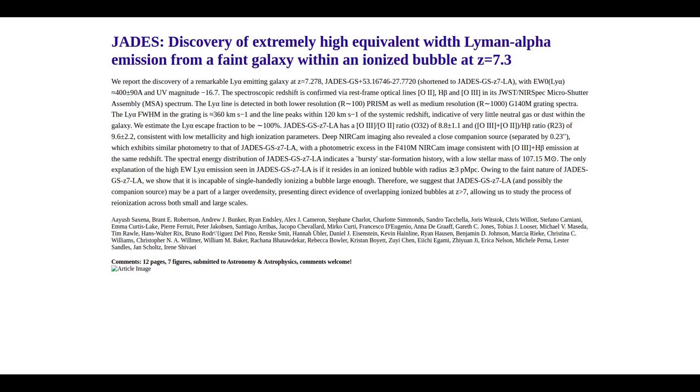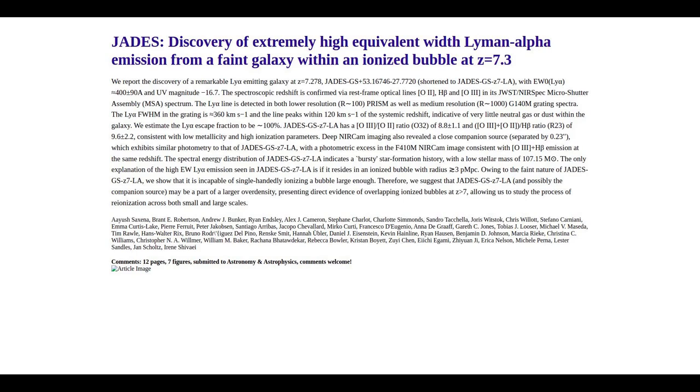The Lyman-alpha FWHM in the grating is 360 km/s and the line peaks within 120 km/s of the systemic redshift, indicative of very little neutral gas or dust within the galaxy. We estimate the Lyman-alpha escape fraction to be 100%.